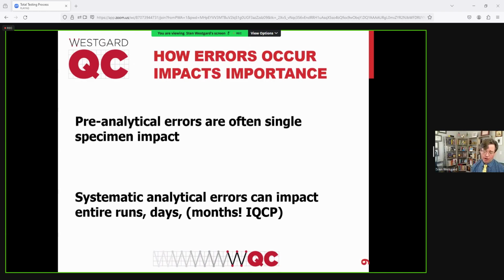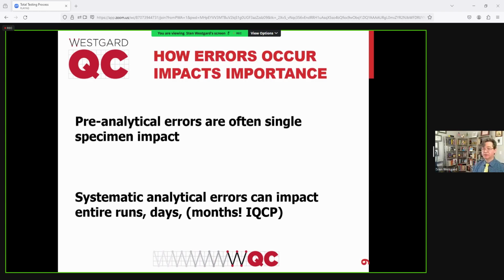The other way that errors occur pre-analytically versus analytically: a lot of the pre-analytical errors happen in single instances. So one sample might be lipemic, the other sample might be hemolyzed, but it's not, oh, the whole run. Every sample we took today was hemolyzed. Systematic analytical errors, which when we do QC, those are the errors we're really worried about.